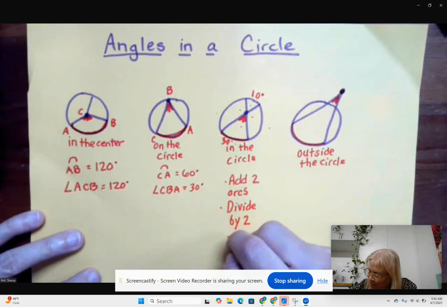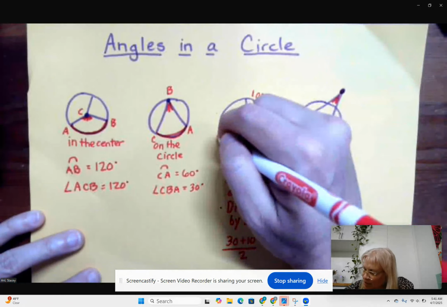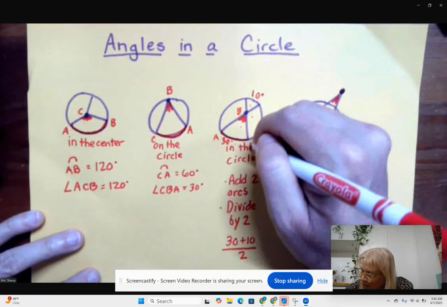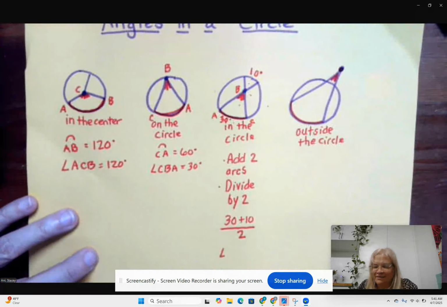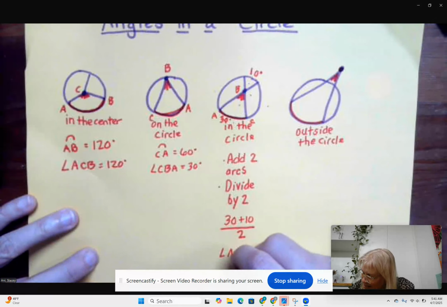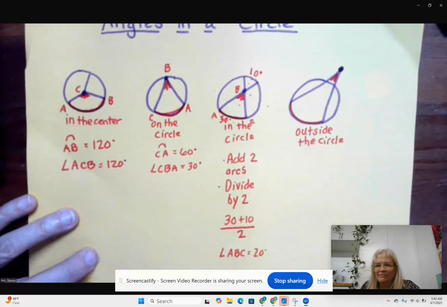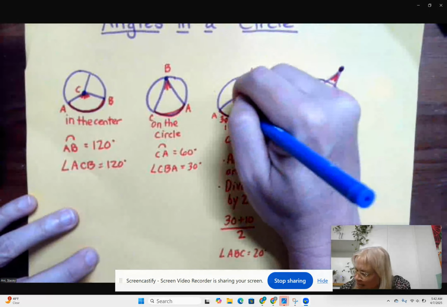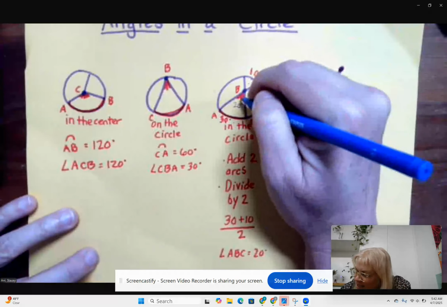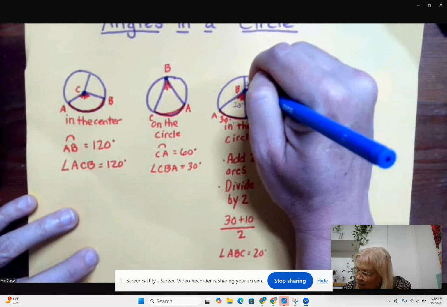And that will give you the angle. So if I add 30 plus 10 divided by 2, let me put some letters on here for us. A, B, C, angle. I'm off the page. Angle ABC is going to equal 20 degrees. And from that, we can figure out all the rest of the angles, because if this angle right here is 20 degrees, this one is also 20 degrees because these are vertical angles.